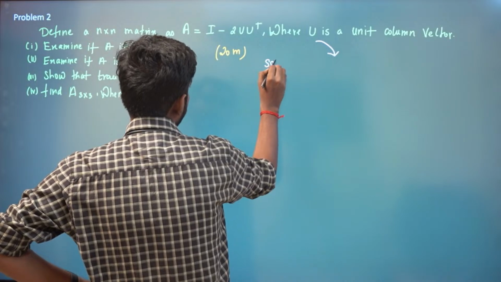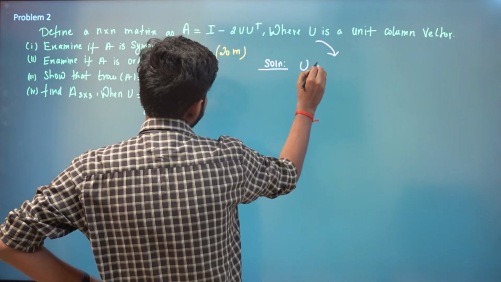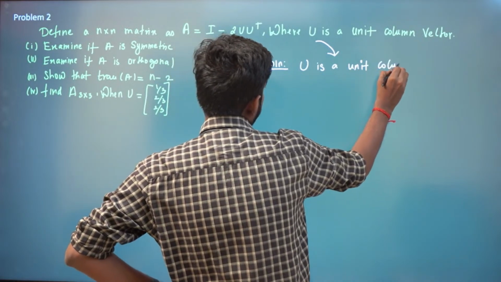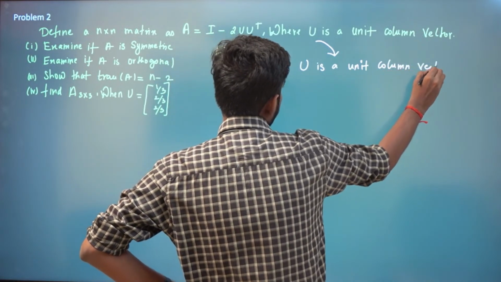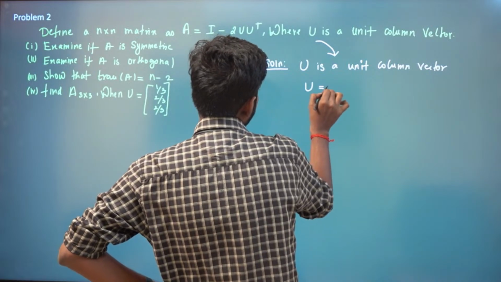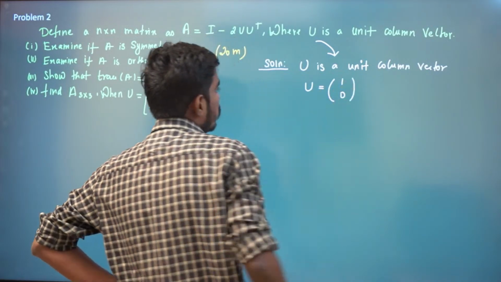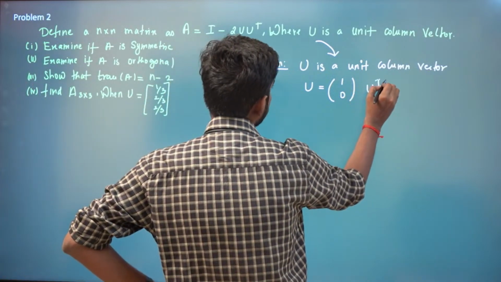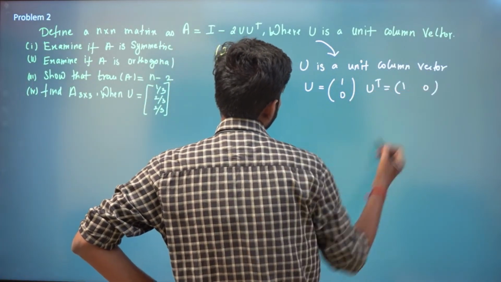I'll start from here. This u is a unit column vector. So that means u is given by 1 comma 0, right? Now what about u transpose? U transpose is given by 1 0.